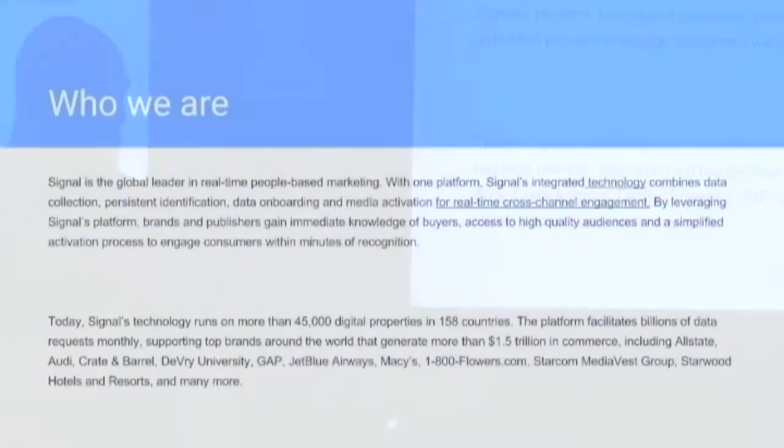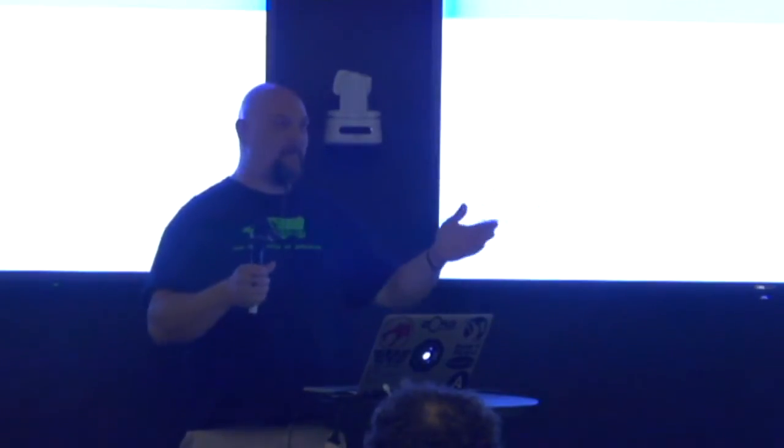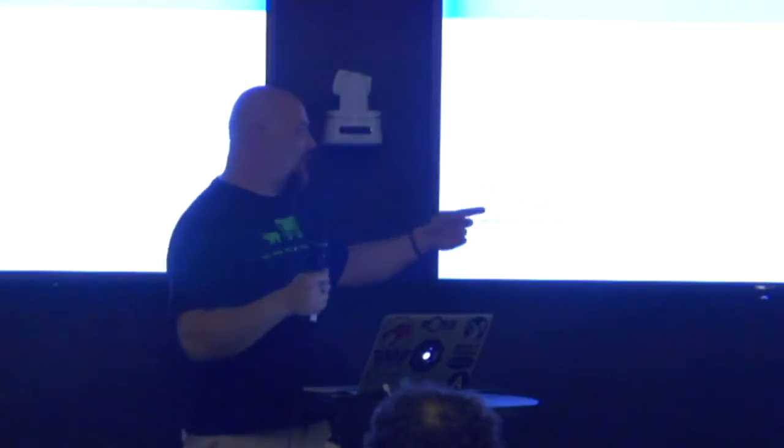So first, who Signal is, and I'm not going to read this whole slide because it was written by someone in marketing. But really, in a nutshell, what we do is we enable customers that you see down there to work with their marketing partners without having to share that really valuable first-party identifiable information. So if I'm Crate and Barrel, you do business with Crate and Barrel, they know who you are.